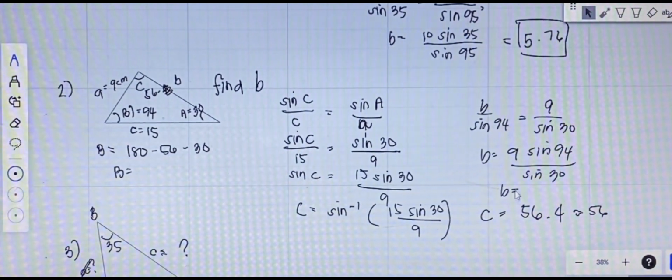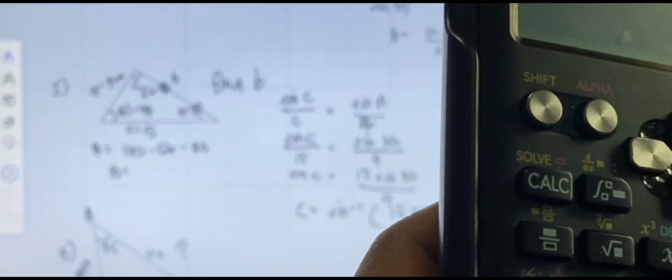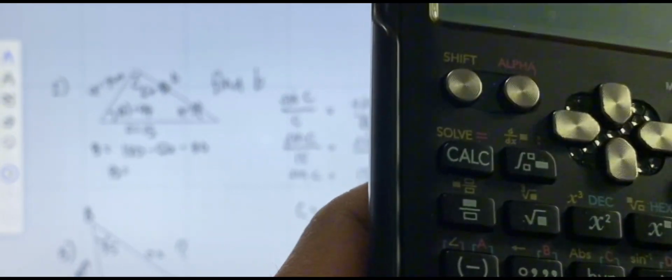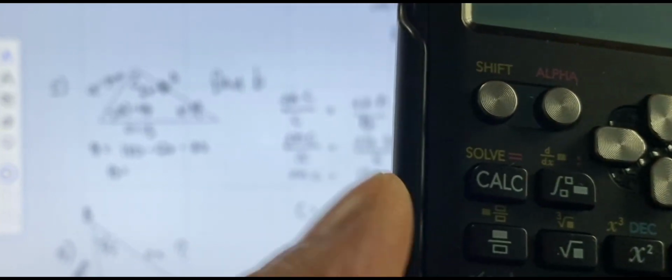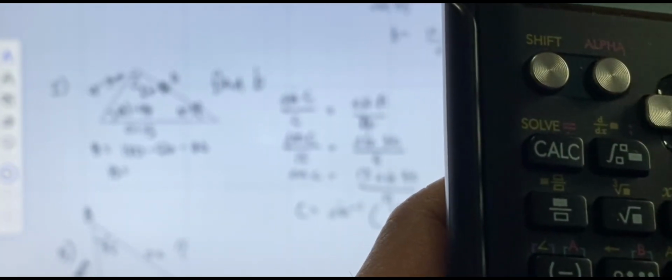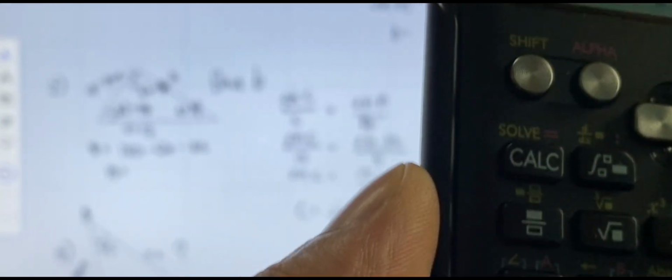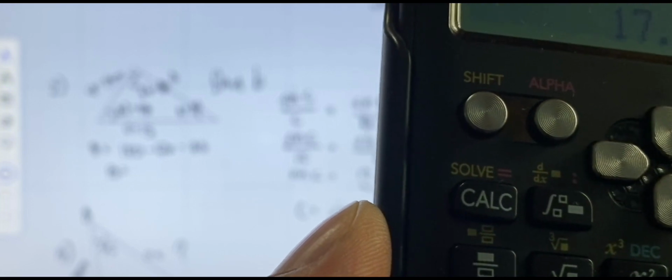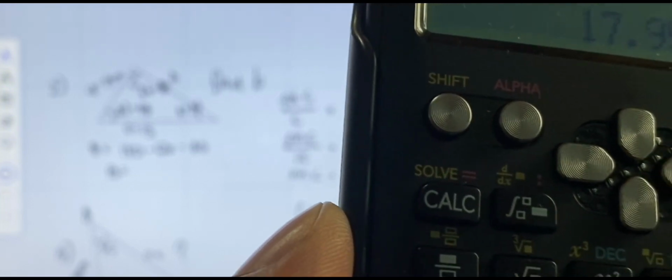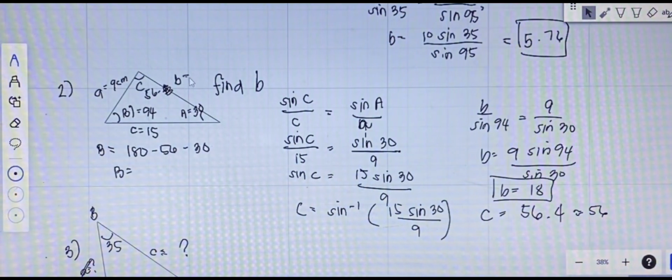Let's calculate: 9 sine 94, divided by sine 30. So it's 17 or approximately 18. So our b is 18.